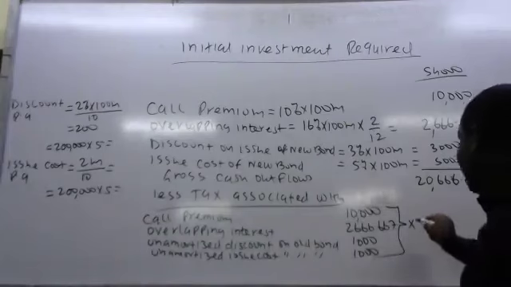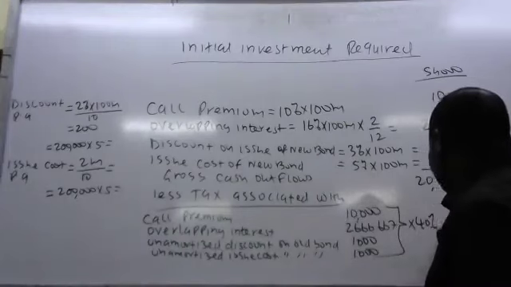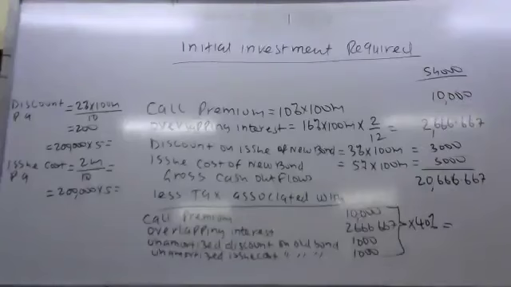So multiplied by 40%, we now get the tax associated with those items. So the corporate tax rate was given as 40%. So we now get 40% of those lines. Then we record it at this point.